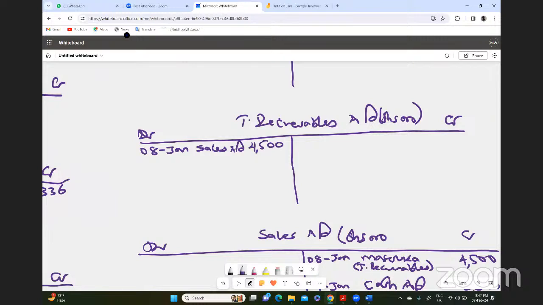So we have to show the two debits here. The 135 and then the 4365. This one is bank, and then this one is discount allowed. Both of them are 11.